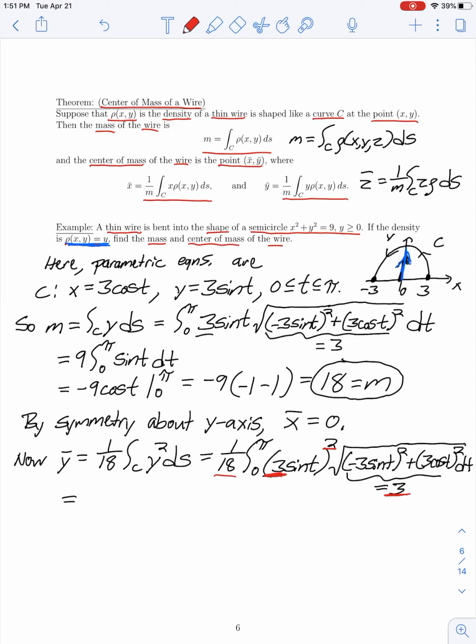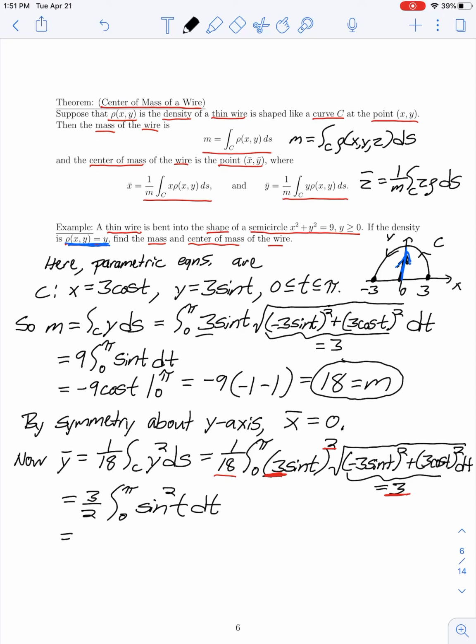And then if I pull that out front, I'm going to have 27 over 18, which gives me 3 halves if we divide through by 9 on top and bottom, times the integral from 0 to pi of, we had our sine function being squared, so sine squared of t dt.